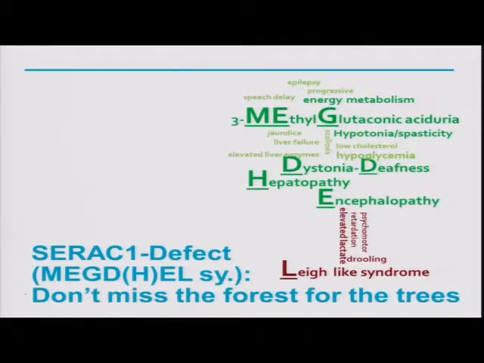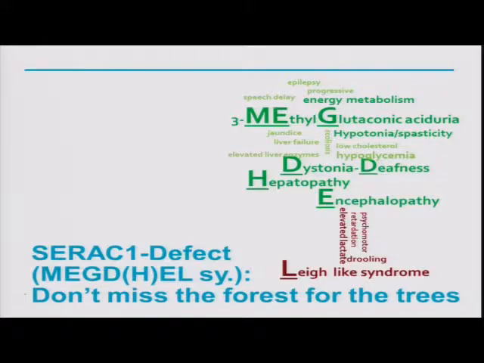I will come back to that later. At that time we also had 1 patient who had neonatal liver failure. We were unsure if this was part of the disease or just an infection in the neonatal period, but later it turned out that this liver failure is also a typical sign of MEGDEL syndrome.